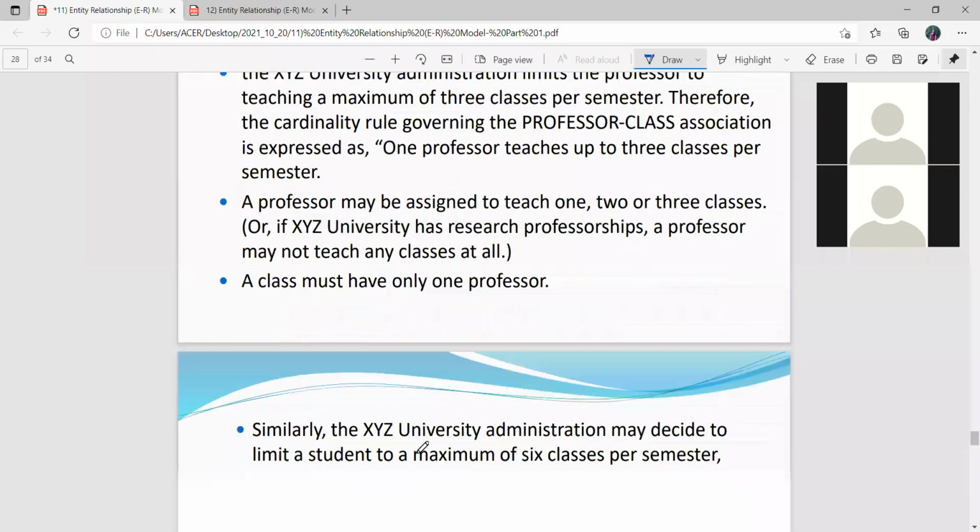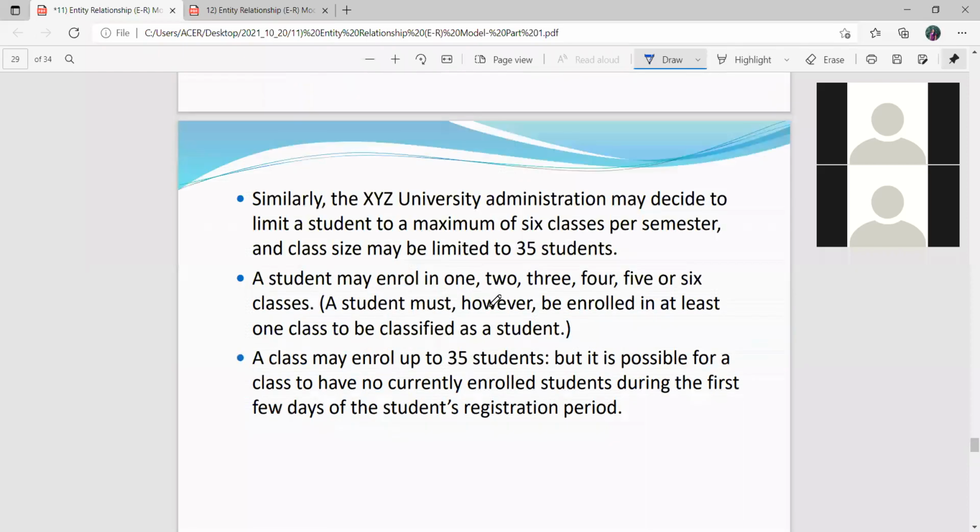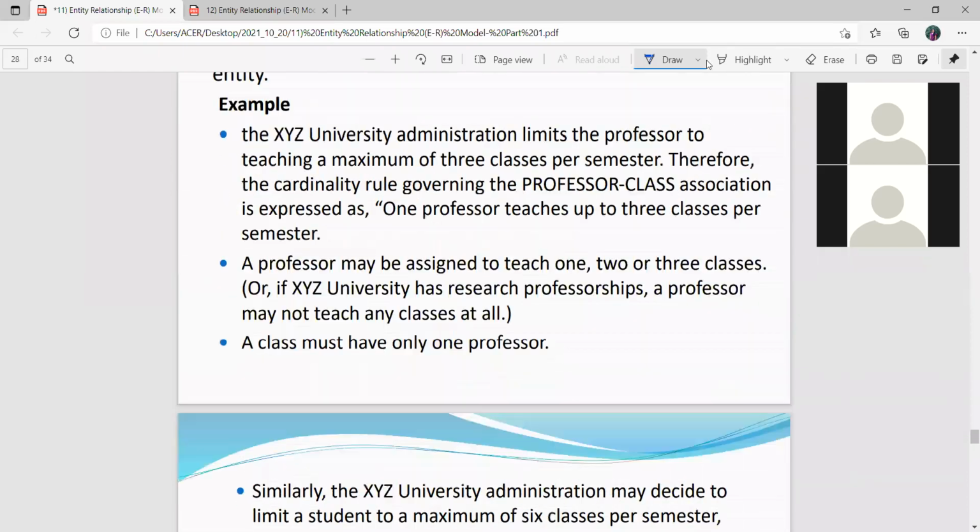At that time, you can see there are two values as in one-to-one, one-to-many, then many-to-many. Same name, recursive relationship is known as a unary. Okay, unary relationships are known as recursive relationships.